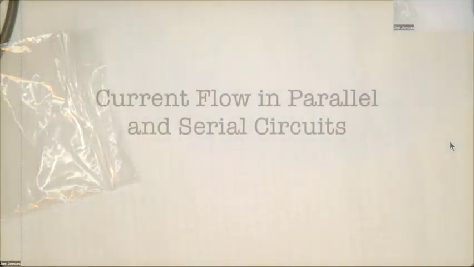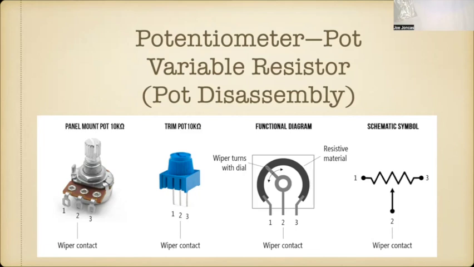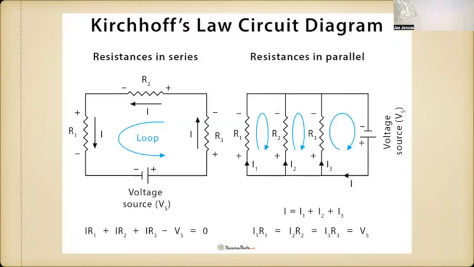Okay, we talked a lot about the current flow in parallel and series circuits. This is another diagram of Kirchhoff's law, which I mentioned. You don't have to remember his name. But if we start over here, on this side, we've got three resistors that are in series. And what is I times R? What does that give you? E. Correct.